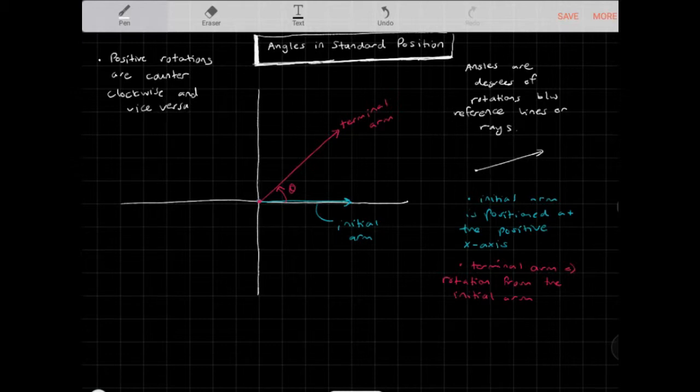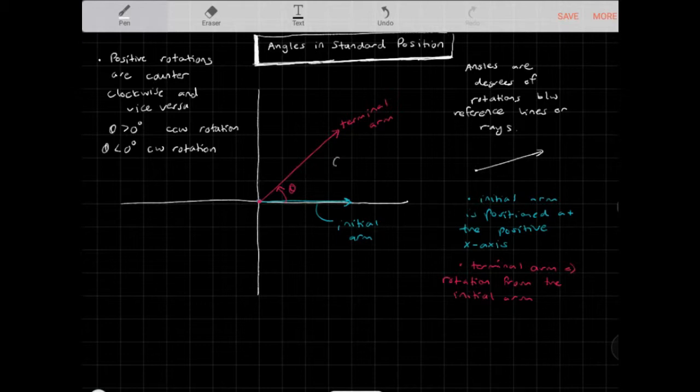So in standard position, positive rotations are counterclockwise, so that means that if theta is greater than 0 degrees, it's a counterclockwise rotation from the initial arm to the terminal arm, okay? And if theta is less than 0, this is a clockwise rotation from the initial arm to the terminal arm, right? So all the rotations are relative to the initial arm, right?